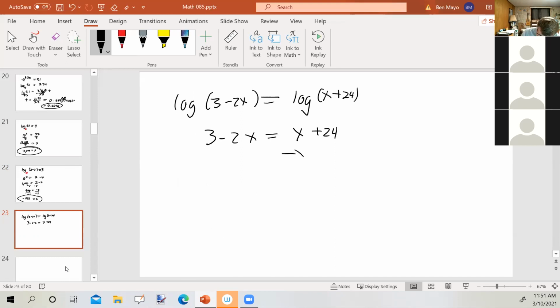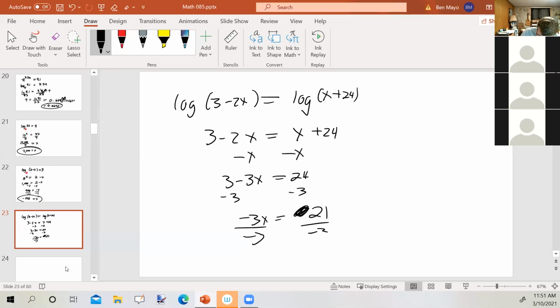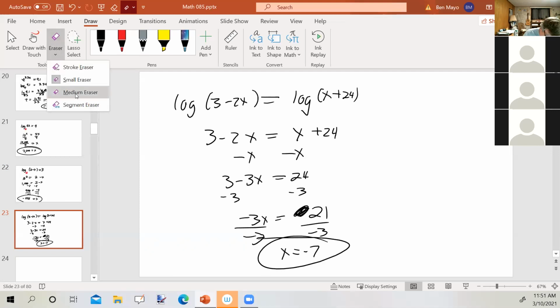So now, let's see, I'll subtract x. 3 minus 3x equals 24. Subtract 3, negative 3x equals 21. Divide by negative 3, x equals negative 7. Let's clean up that mess a bit.